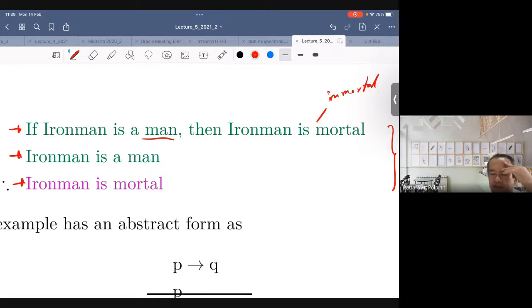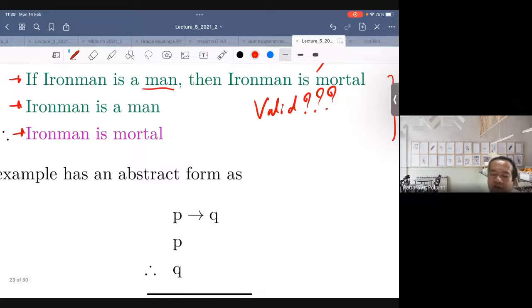The question is, is this argument valid? We have two premises and one conclusion. The approach we use to do this is reasoning.